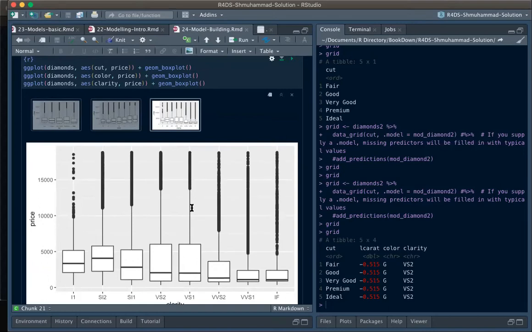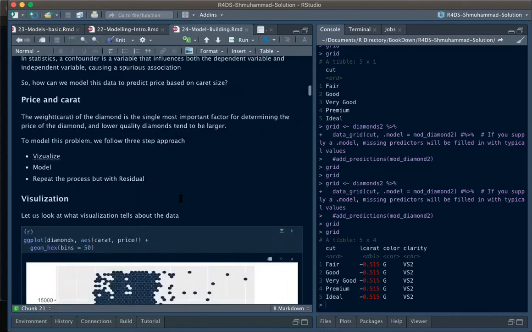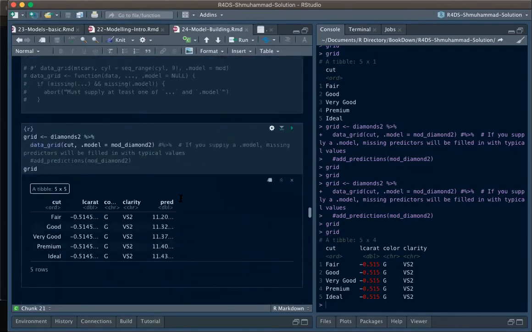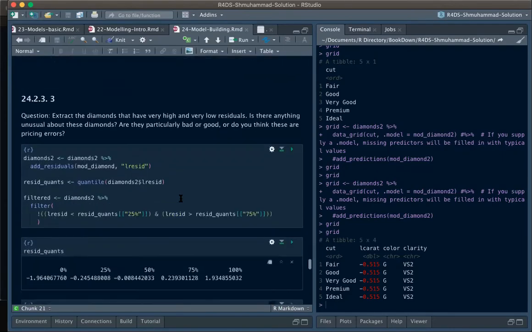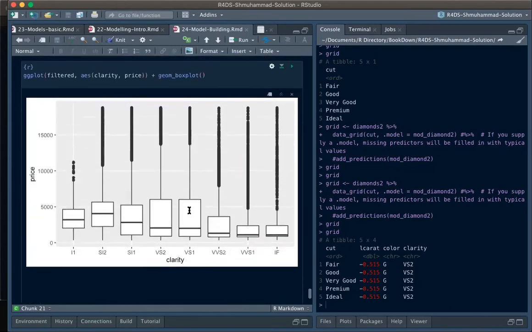Right. So basically, if you just ignore the outliers, then interpreting and trying to see the patterns in the prices, you can just eyeball the medians for each of the box plots. Okay. So my question here is, where is the original?